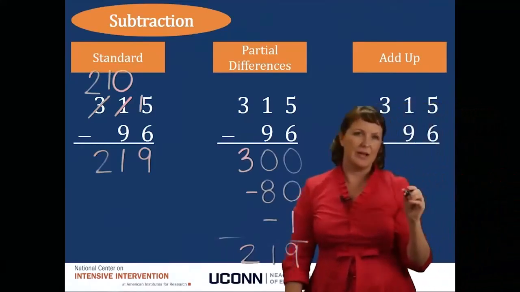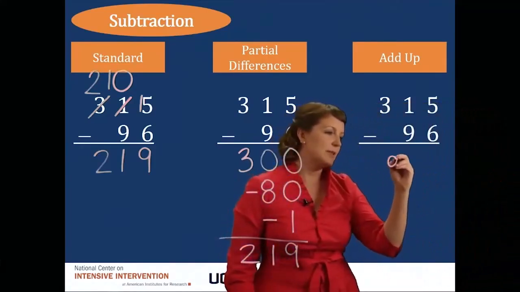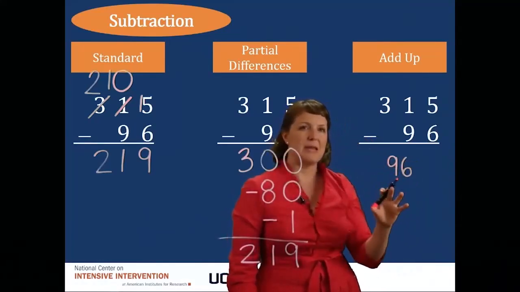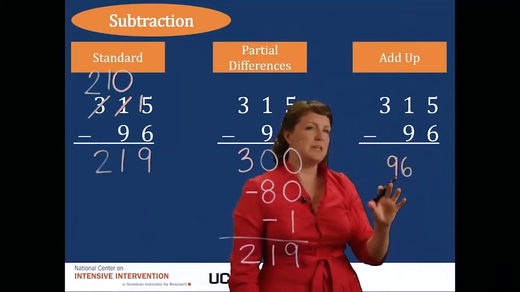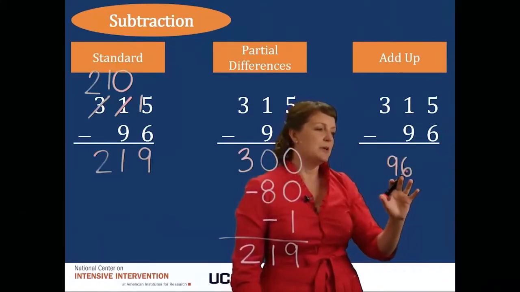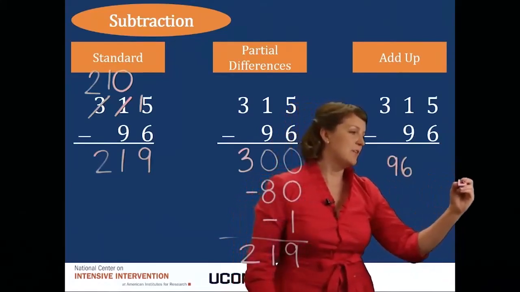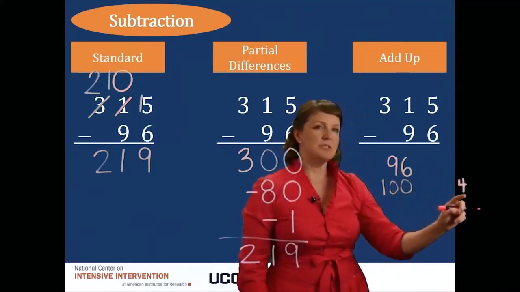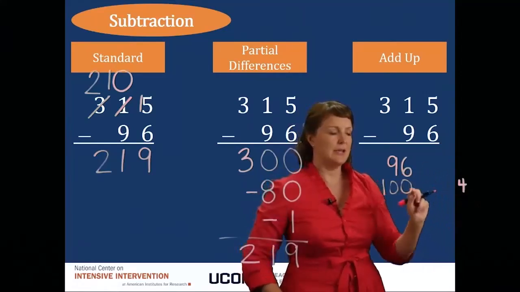So let me show you what that looks like. I'm going to start with 96. And now I'm going to use friendly numbers for me. So I'm trying to get to 315, but let me first get to 100. So I know 96 plus 4 is 100. All right, so I'm going to notate my 4 over here because that's going to help me out.